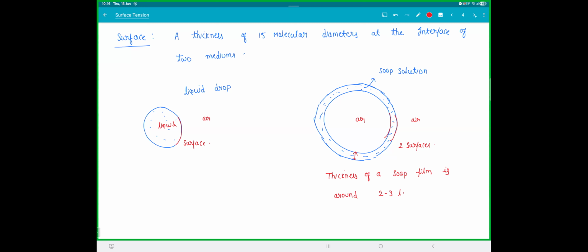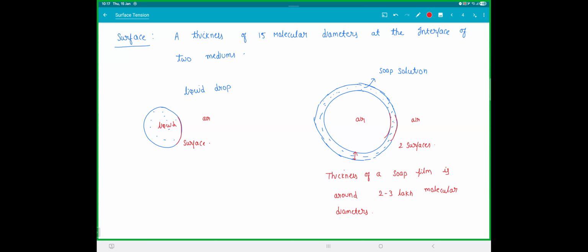So for a soap film, we'll have two surfaces.